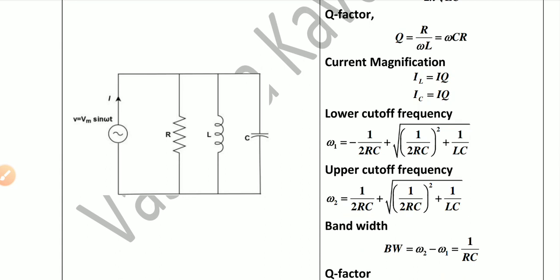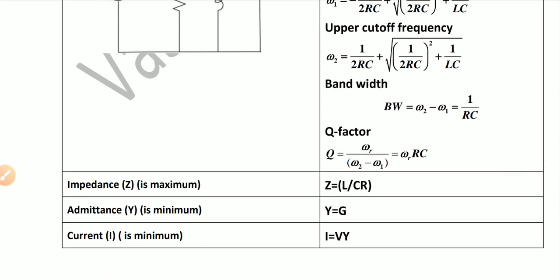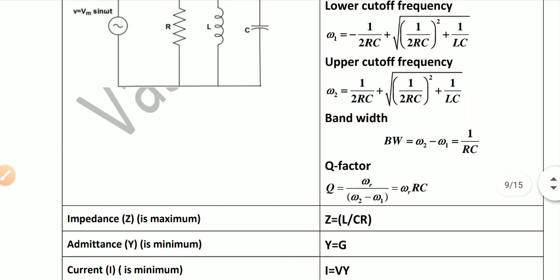Next, the lower cutoff frequency omega 1 is minus 1 by 2 RC plus root over ((1 by 2 RC) whole square plus 1 by LC). The upper cutoff frequency has a positive sign, that is 1 by 2 RC plus root over ((1 by 2 RC) whole square plus 1 by LC). The bandwidth is the difference of the two cutoff frequencies, omega 2 minus omega 1, which is 1 by RC.